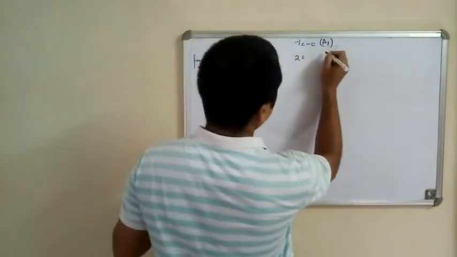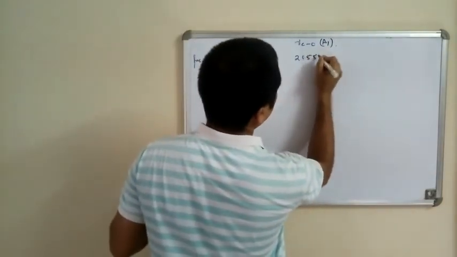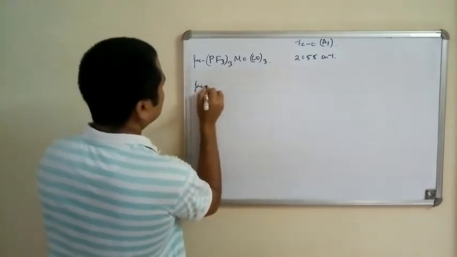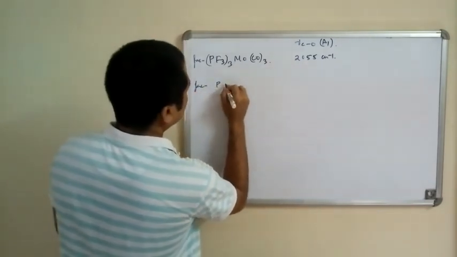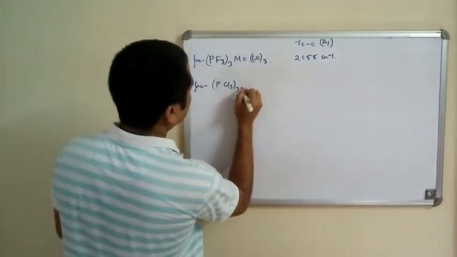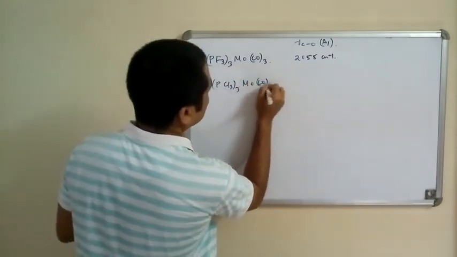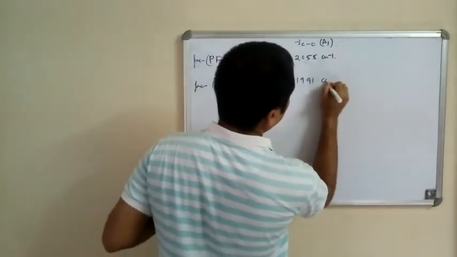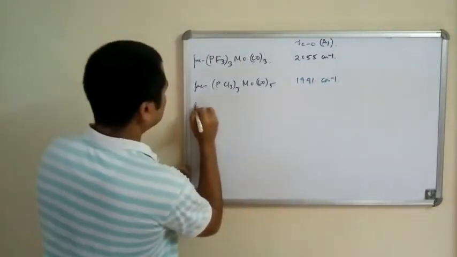So the A1 vibrational mode appears at 2055 centimeter inverse, while for PCl3 3 Mo CO 3, it appears at 1991 centimeter inverse.